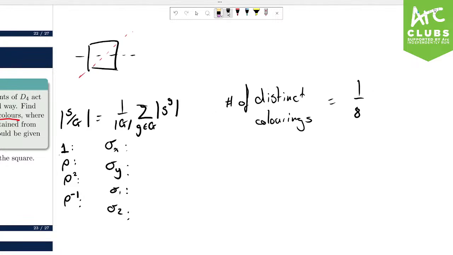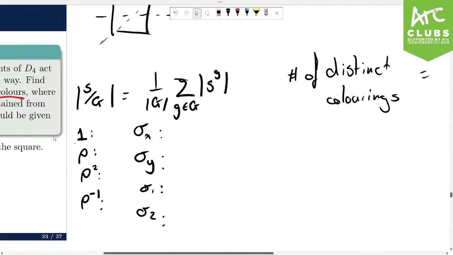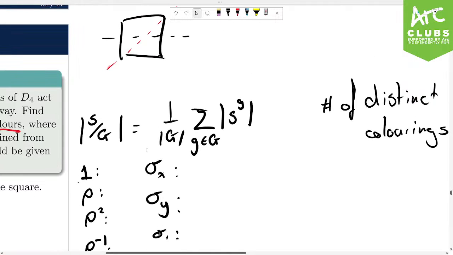We'll find those and then add them together. The identity fixes everything, so you can have every single combination of colors on the sides. We have n colors and 4 sides to color, so this will be n to the power of 4.